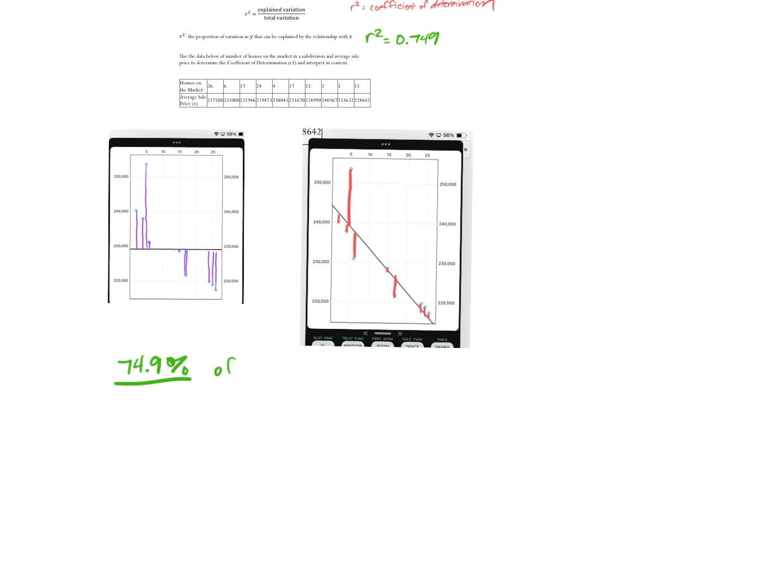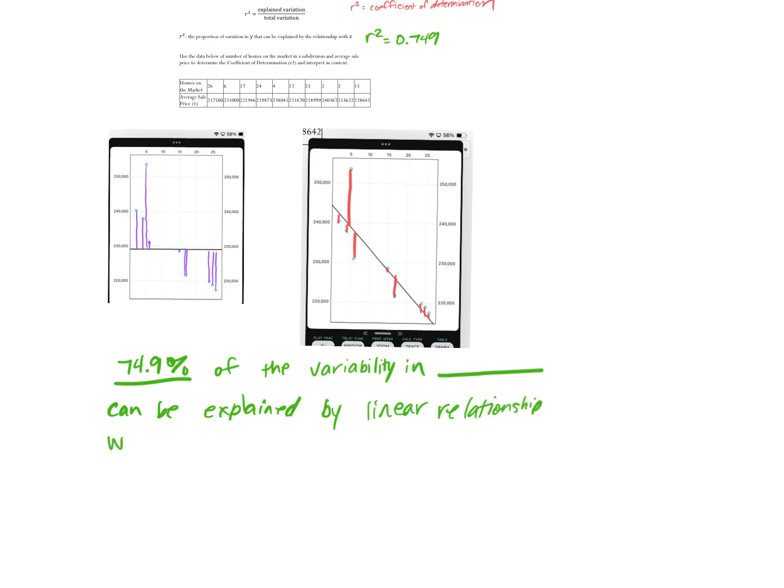So you're going to say 74.9% of the variability in, right now I'm just going to put a blank, can be explained by the linear relationship with, blank.